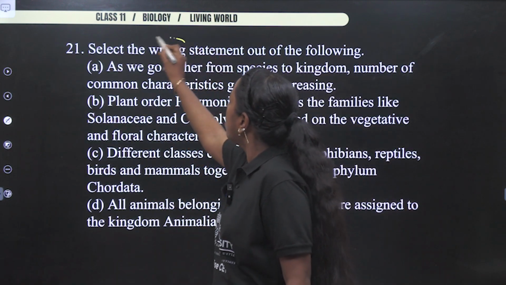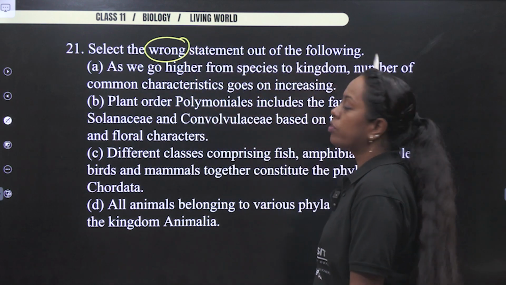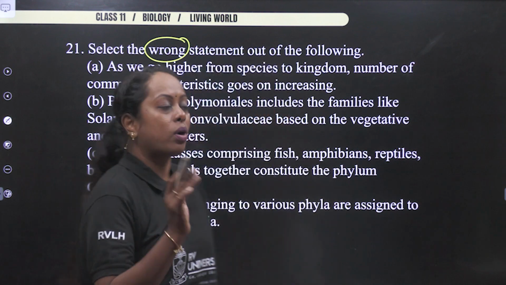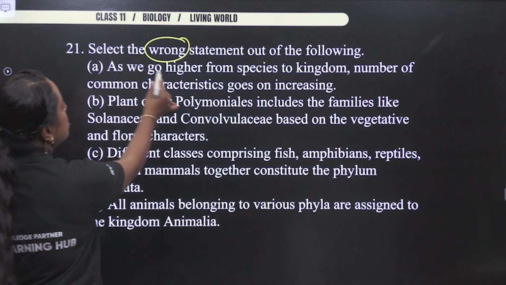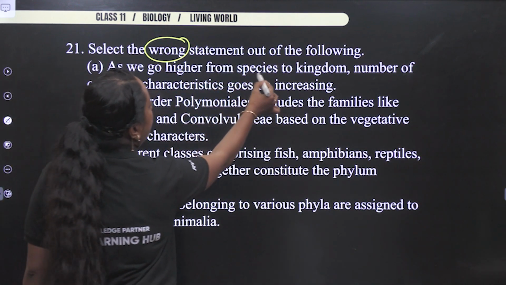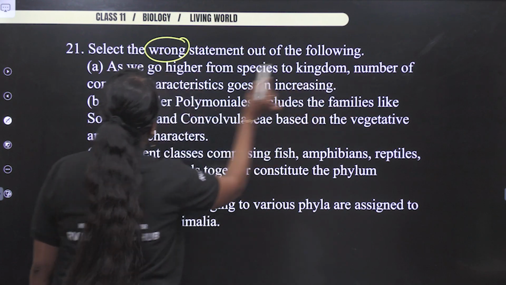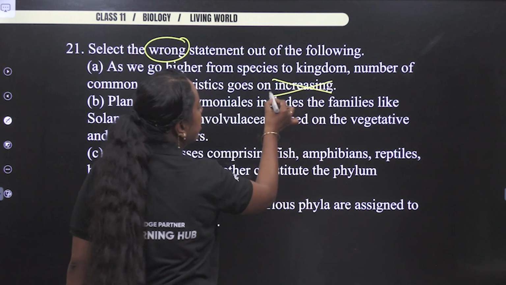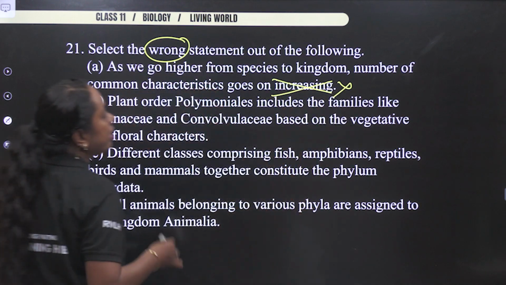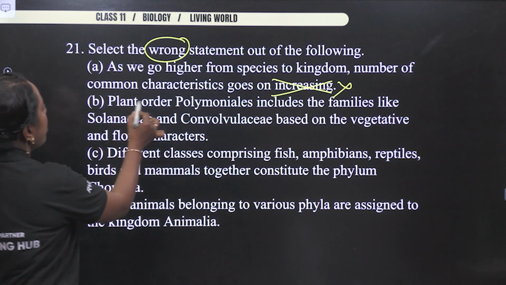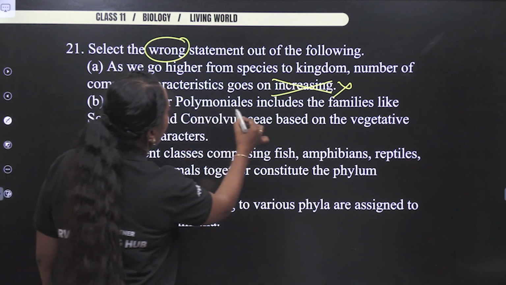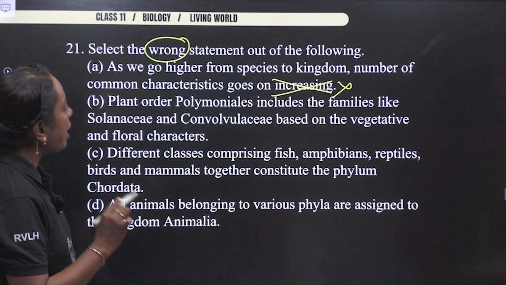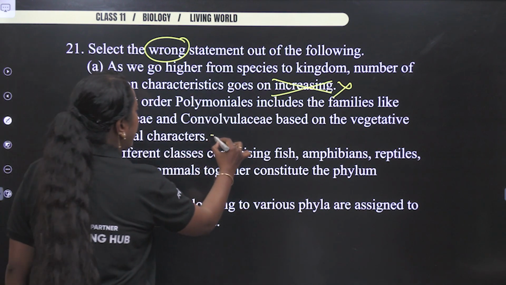Okay. Now let's see our next question. Select the wrong statement out of the following. So he clearly specifies wrong statement. Now let us see what our statements are. As we go higher from species to kingdom, the number of common characters goes on decreasing. Okay. So it's not increasing, it's decreasing. The plant order Polymoniales includes families like Solanaceae and Convolvulaceae based on vegetative and floral characters.